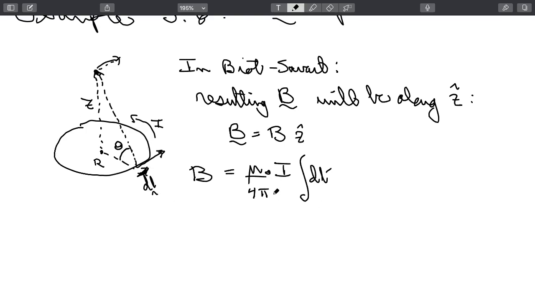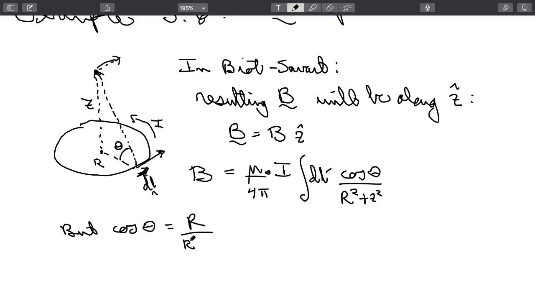The projection onto the z of this little vector has this cos theta, and the distance is just r squared plus z squared. This cos theta is really just r over the square root of r squared plus z squared, and this whole thing does not change as I do my integral.